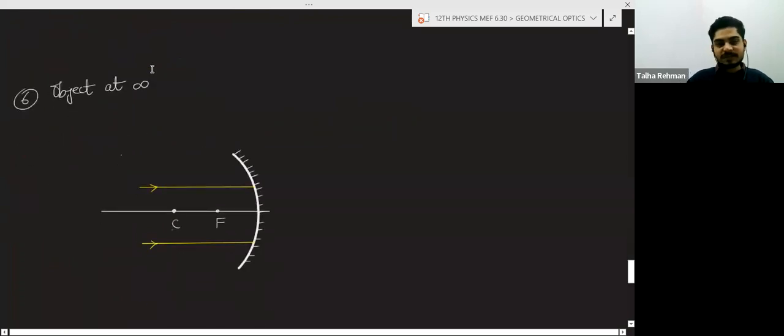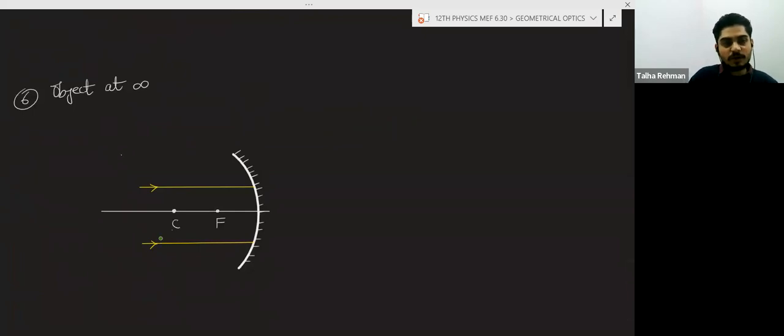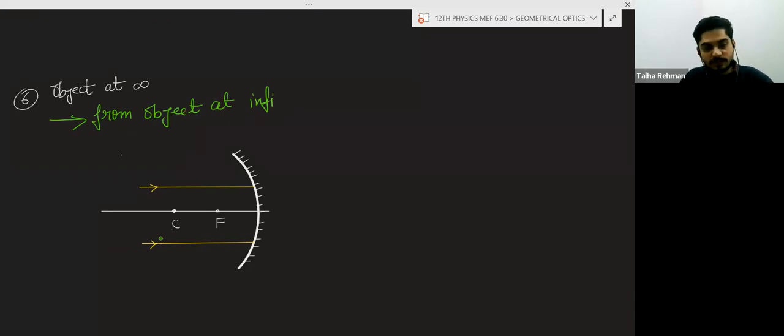There is one last case when the object is at infinity. From infinity, always parallel rays are there. This is the last case of this class also.